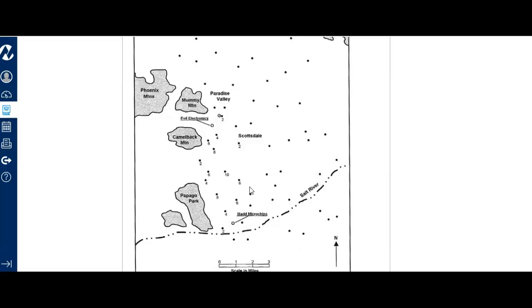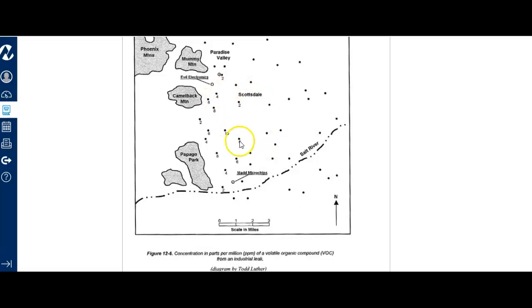The problem with this data set here, as I look at it, is that there's a high concentration in the middle, and there's a low concentration near Evil Electronics, and also a low concentration near Mad Microchips. This data isn't very useful for telling me who's doing the contamination, but you know something about what's happening in the subsurface.